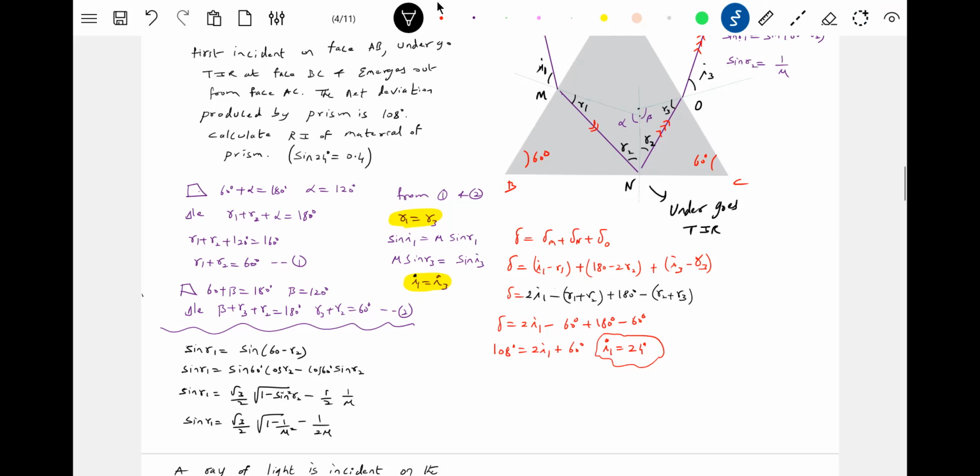So this will be sine R1, root 3 by 2, mu square minus 1 minus 2 mu. Then we'll apply Snell's law. Sine I1 equal to mu sine R1. Sine I1, sine 24 degrees equal to mu.